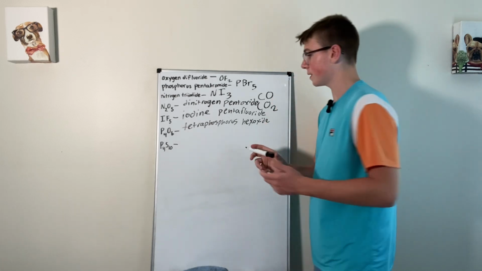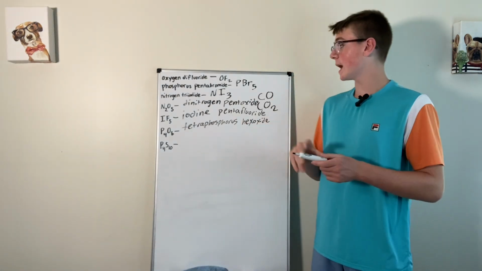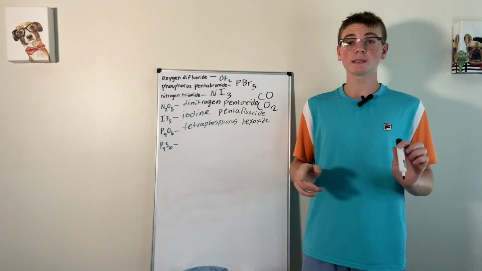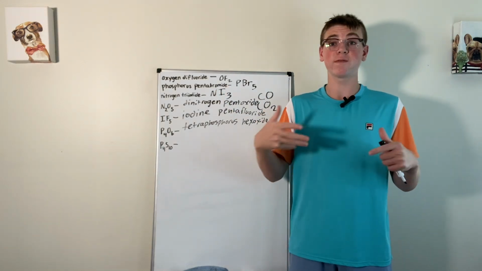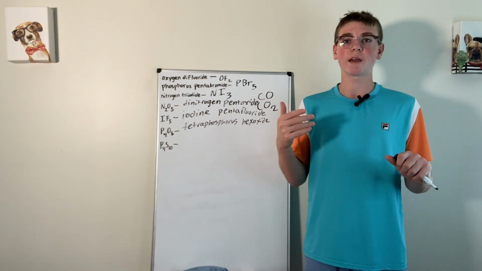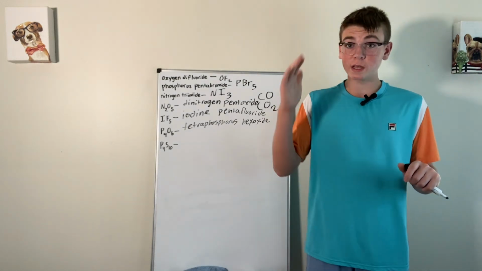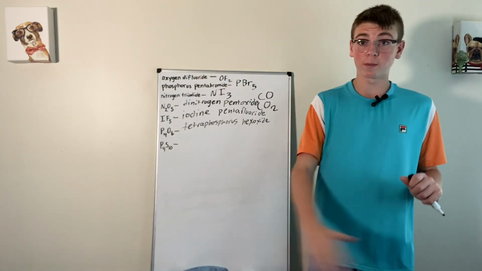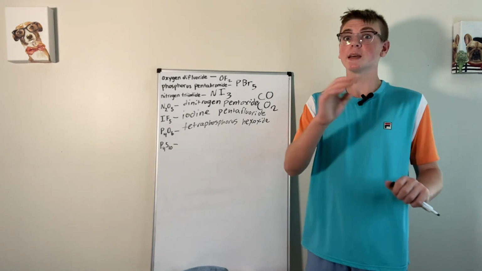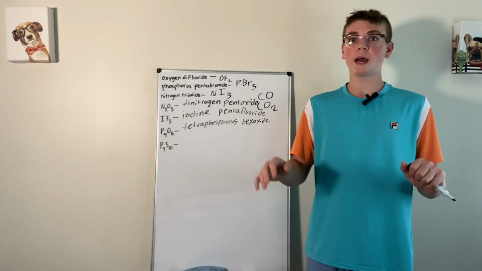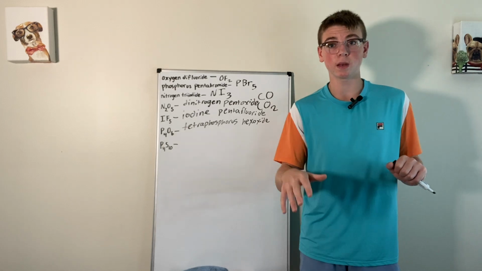So notice that the second element has the "ide" at the end. It's like instead of saying oxygen difluorine, you say oxygen difluoride. You don't say oxide difluoride. So the first element stays its normal name. It's not oxide, it's oxygen. It's not bromide, it's bromine.